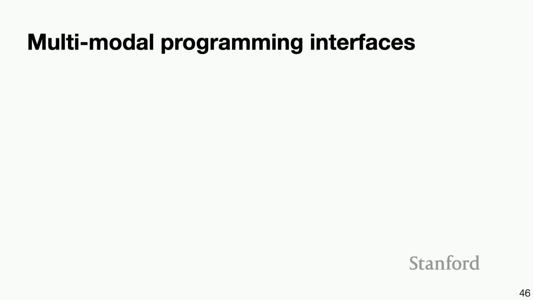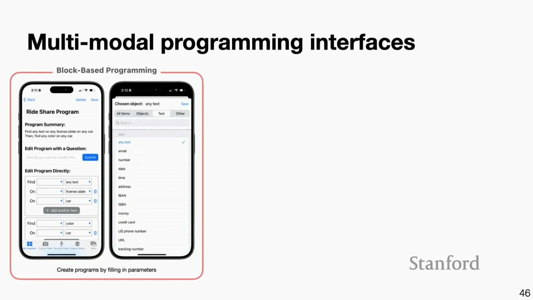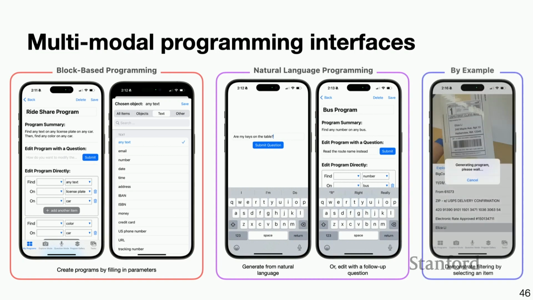So in order to support approachability and accessibility, how do we support the user being able to create these applications? We developed a set of multimodal end user programming interfaces. There is block-based programming, there is natural language programming, and there is programming by example.